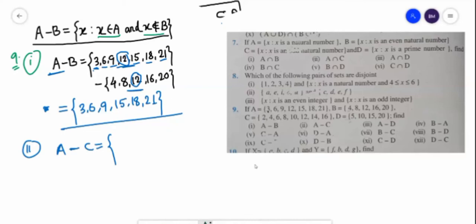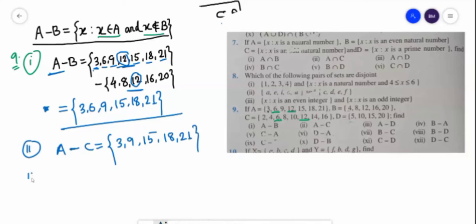See, 6 is common, and 12 is common. All other elements are different: 3, 9, 15, 18 and 21. So A minus C will be 3, 9, 15, 18, 21.